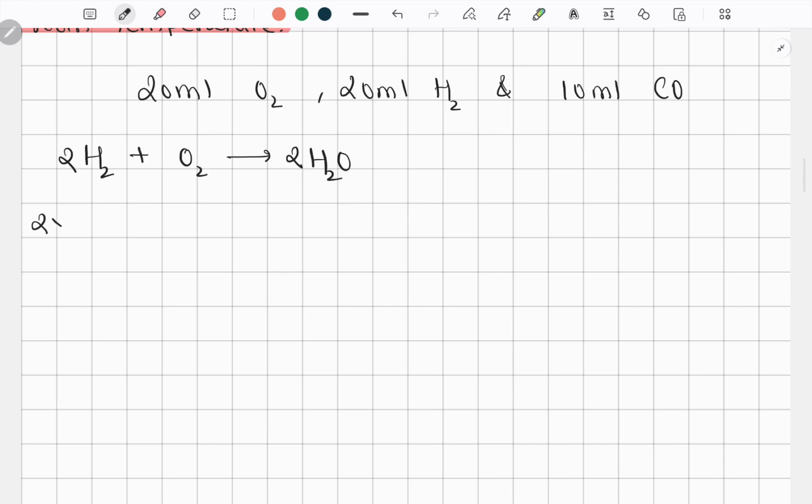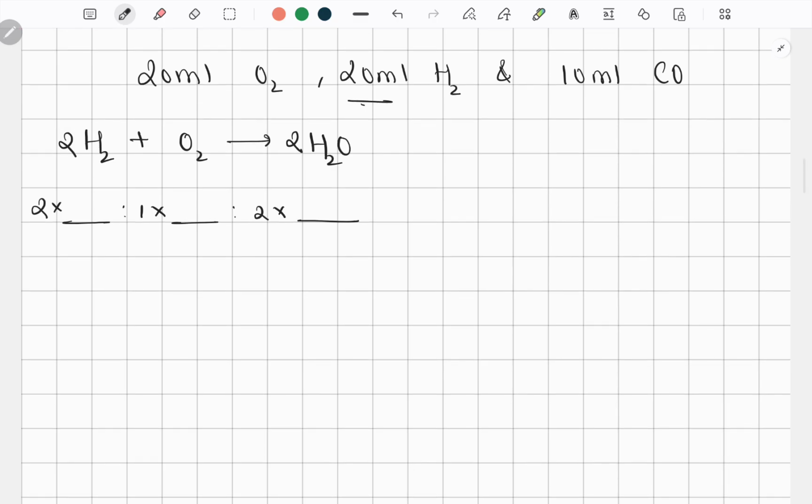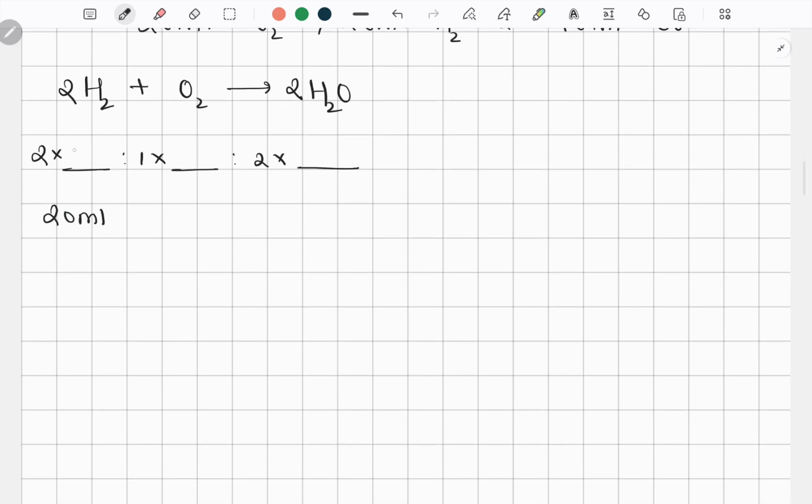Now they have stated that we have 20 ml of hydrogen. According to Gay-Lussac's law, all gases bear a simple whole number ratio. We have 20 ml of hydrogen overall, so 2 into 10 gives us 20.